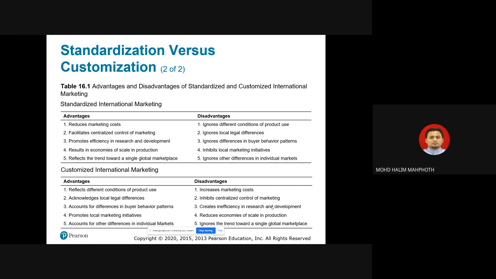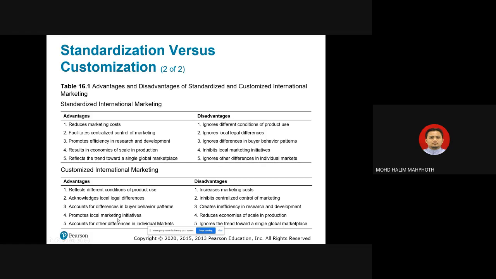It creates inefficiency in R&D and reduces economy of scale because of the small demand. You have to produce small batches or small numbers of products. It ignores the trend to a single global marketplace. This is all the opposite of standardized.